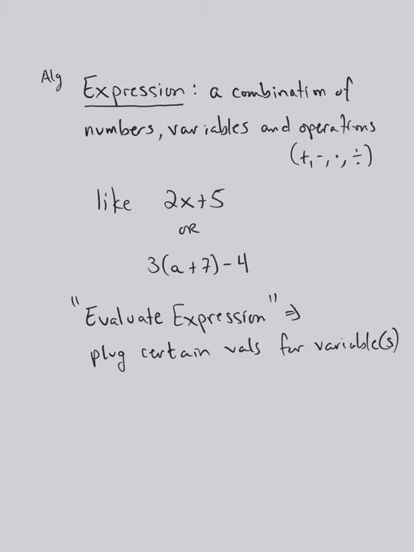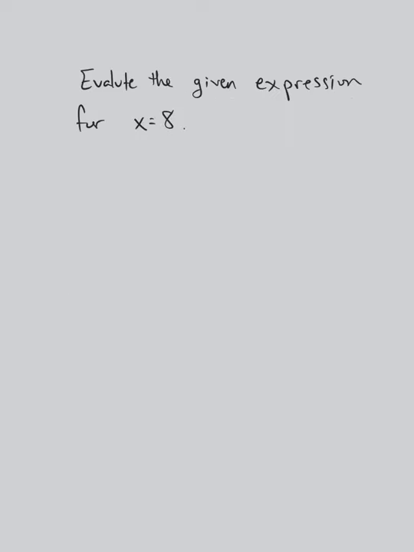So we plug in certain values for the variable, and then we just use order of operations to compute the result. So let's look at some examples of that. In a moment, I'll give you an expression. This is what I mean by the given expression. We're going to evaluate the given expression for x equal to 8.